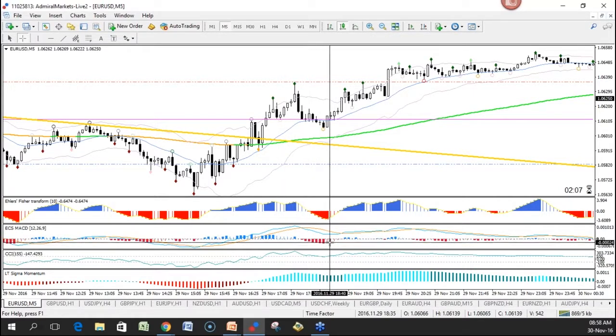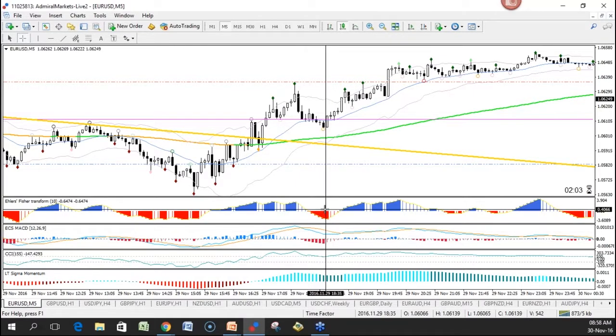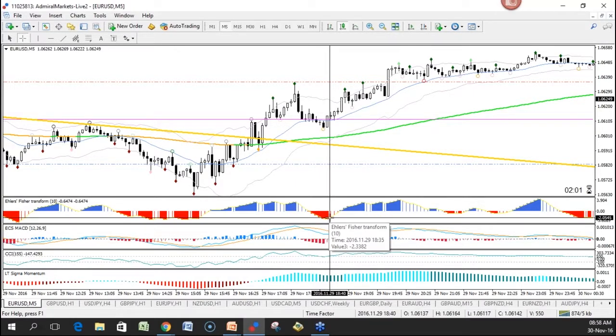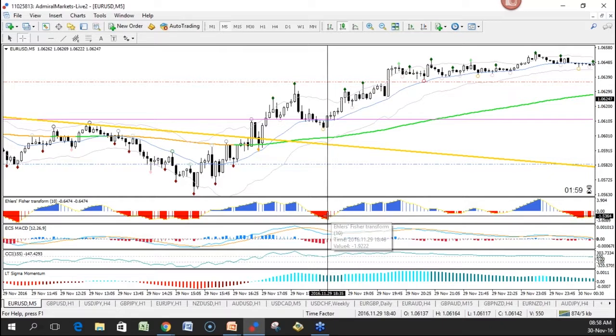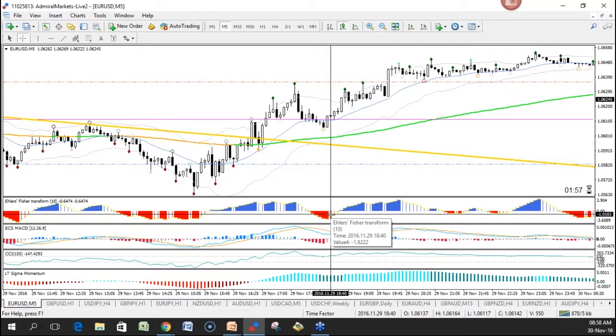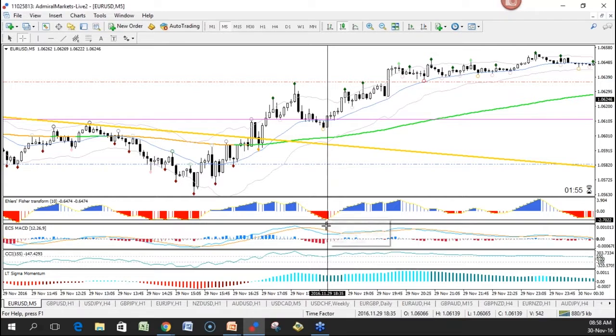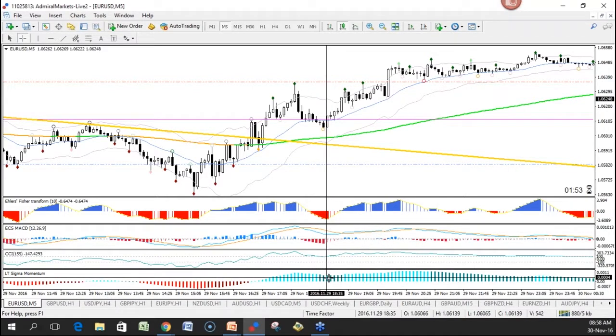So that could have been a retracement finishing right there on the 5-minute chart. And on the Fisher, we get the signal one bar later when it loses its thickness and goes into thin. So you see these two indicating the retracement within the bigger upside of the momentum here.